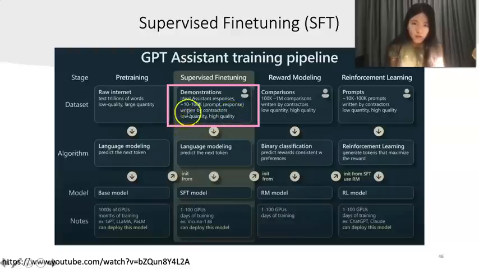This is low quantity, high quality data; we just need around 10 to 100K prompt-response pairs written by the contractors to serve as our training data for the supervised fine-tuning stage. The language model is initialized from our base model, the pre-trained model. Then we fine-tune this pre-trained model on the demonstrations towards the language modeling objective, that is next token prediction, and we'll get our SFT model.